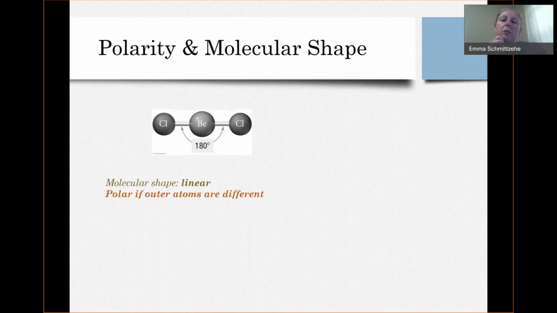When you have the exceptions, it starts getting a little more complicated. But for octet structures, let's say we have a linear molecular shape. Really, the only way that it is polar is if the atoms on the ends are different. If the atoms on the ends are the same, then their dipoles are going to be the exact same magnitude. It's going to cancel out.